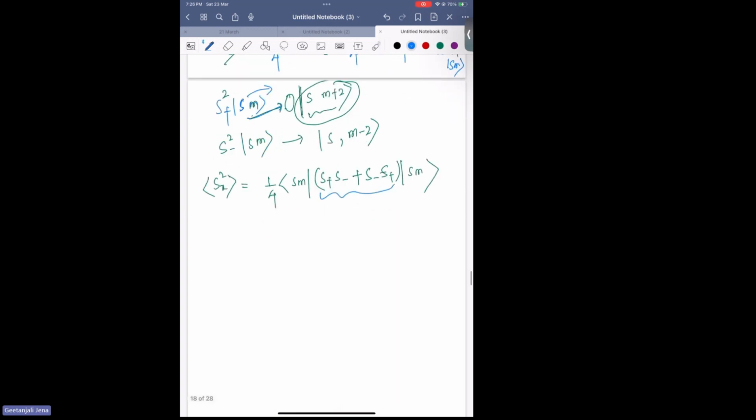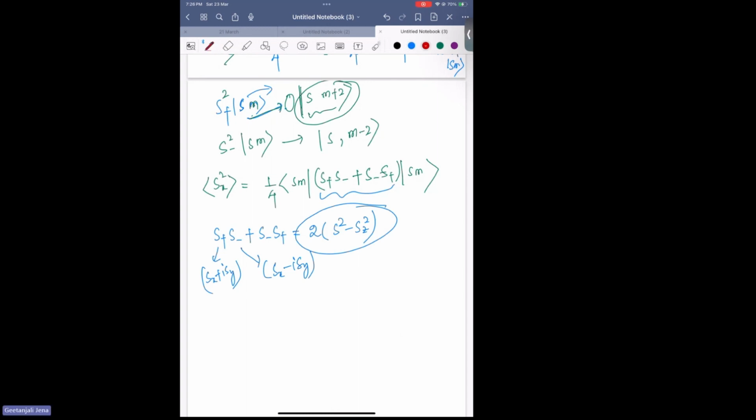The other way to calculate is to remember that S plus S minus plus S minus S plus will be equal to 2 times S square minus Sz square. Just remember this equation. You can get it by putting S plus is Sx plus iSy and S minus is Sx minus iSy. If you solve it, you will get 2 times S square minus Sz square.